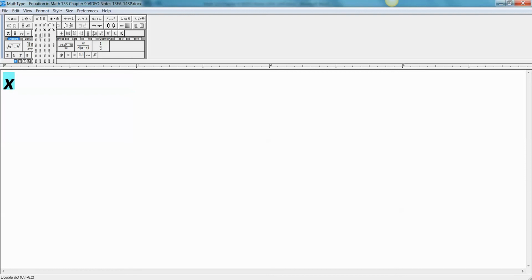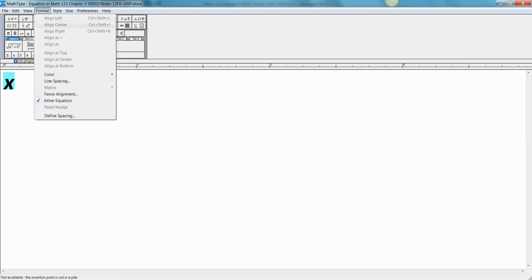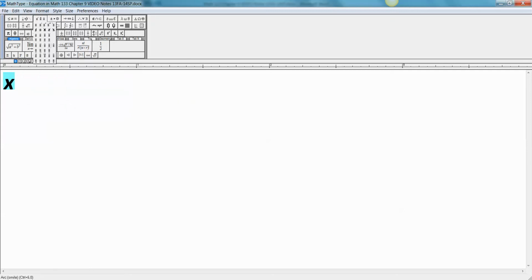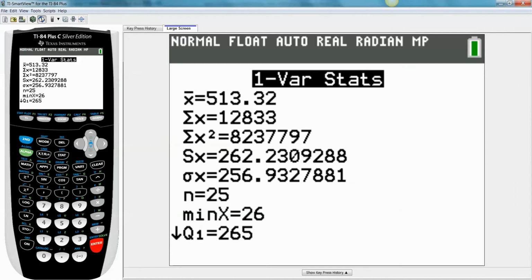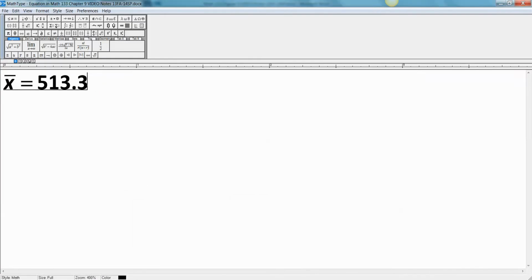So x bar equals 513.32. That's our point estimate.